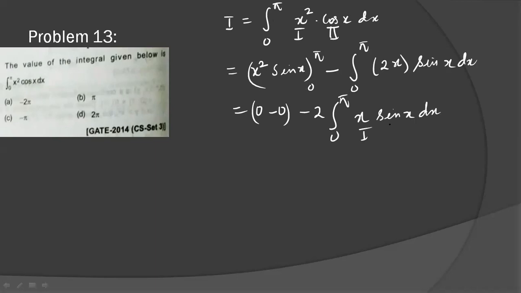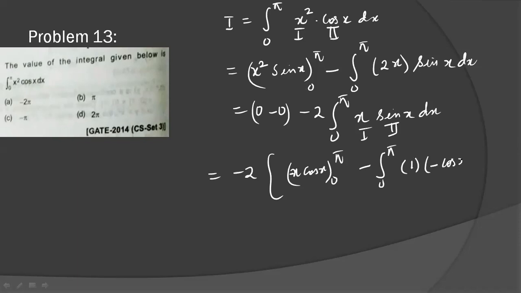Now you take again, this is the first function, this is the second function, it is integration by parts. First is outside, integration of second is minus cos x, 0 to pi, minus 0 to pi derivative of x is 1 and integration of sin x is minus cos x dx. So now it will be minus 2. Upper limit will be minus pi cos pi, cos pi is minus 1, so it will be pi.